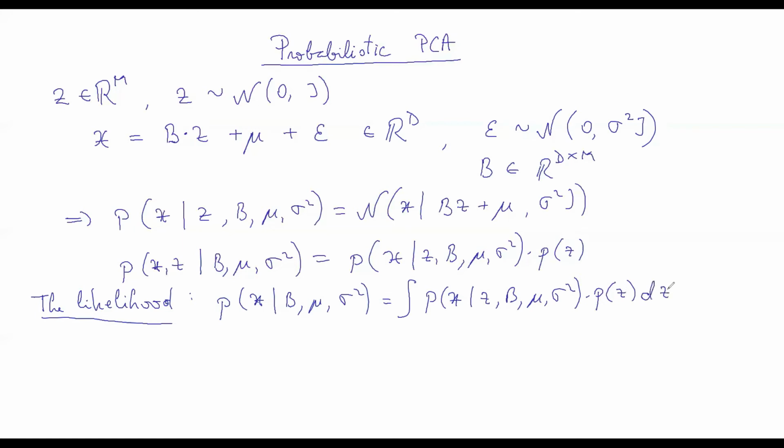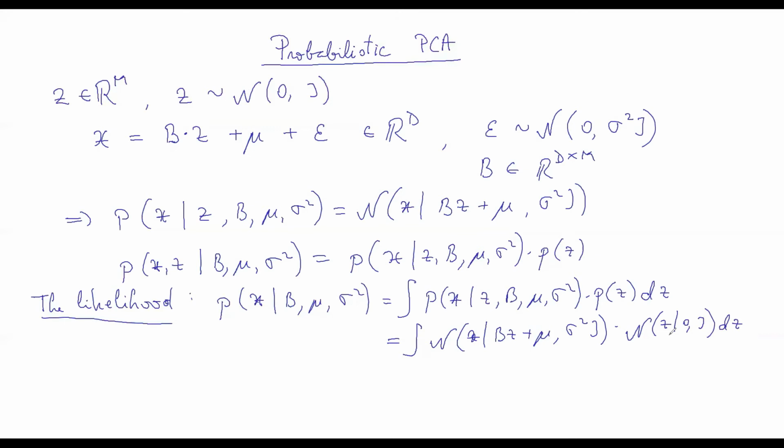The first is a normal distribution of x with mean Bz plus mu and covariance sigma squared times I, times p of z, which is a normal distribution of z with mean 0 and covariance I, integrated over z.